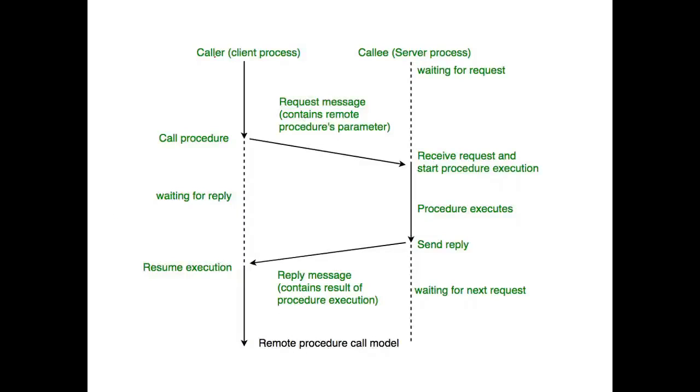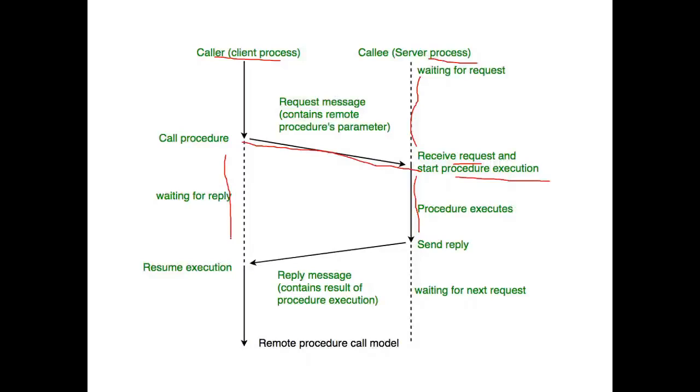See, this is the diagram. This is the client and this is the server process. So the server is waiting for requests here and the client wants to set up the connection. So it sends the function call or subroutine call to the server. Then the server receives the request and starts procedure execution, meaning it is going to start its process. Then still here the client will be blocked.